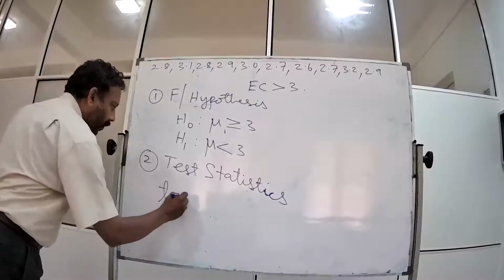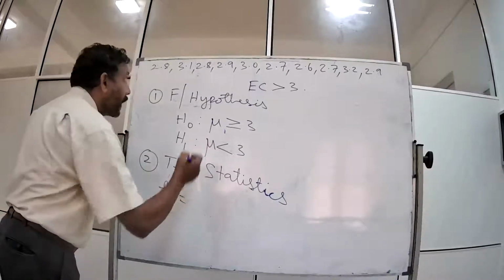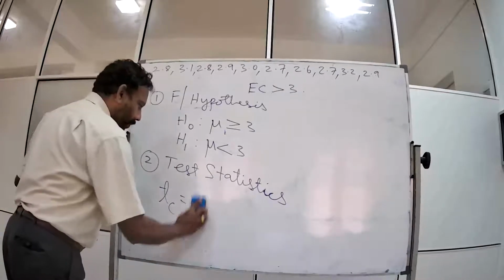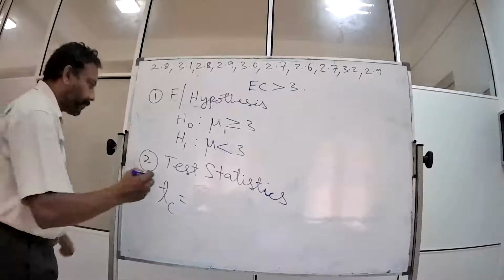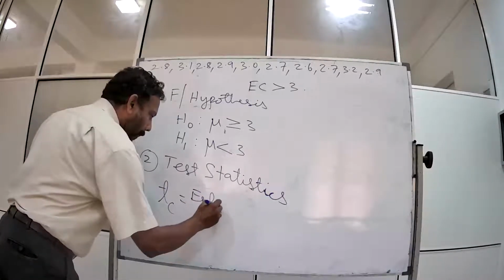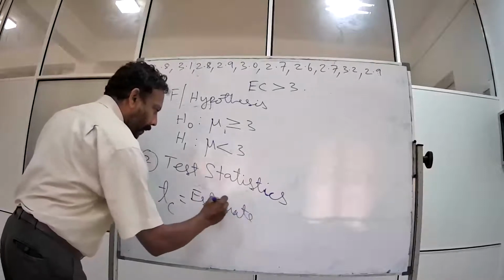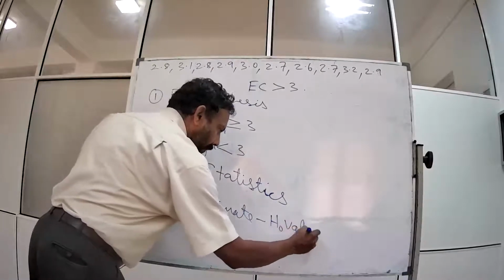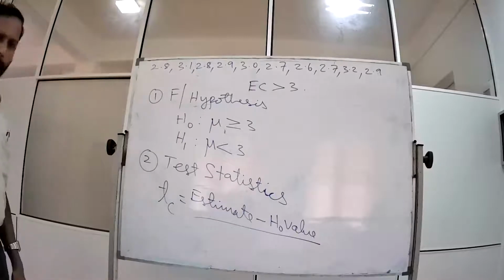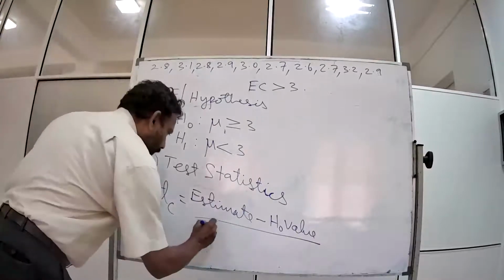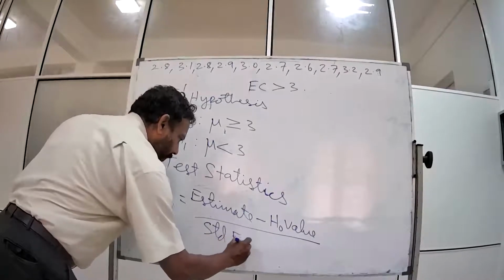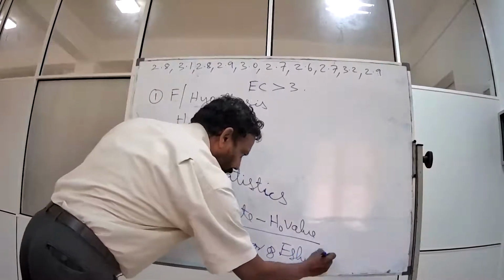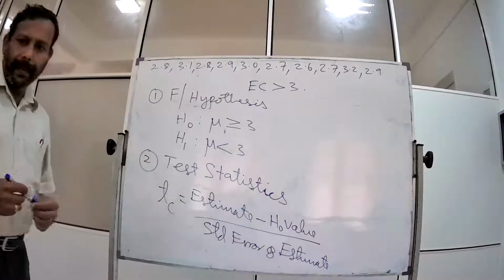The T calculated value is the estimate minus the null hypothesis value, divided by the standard error of the estimate.